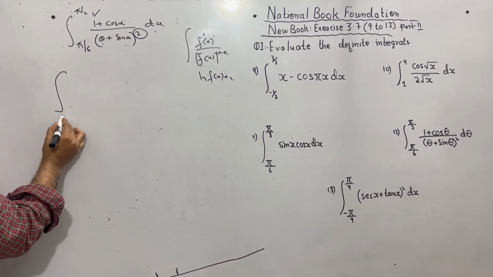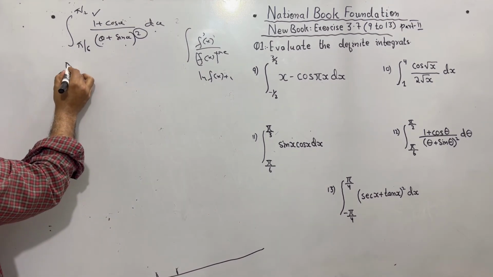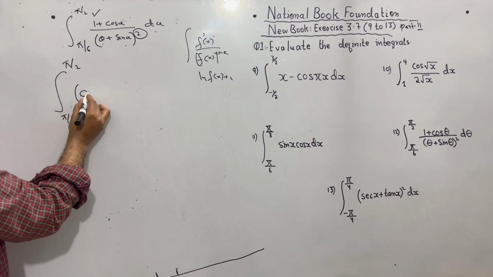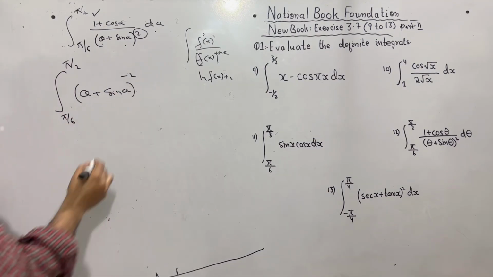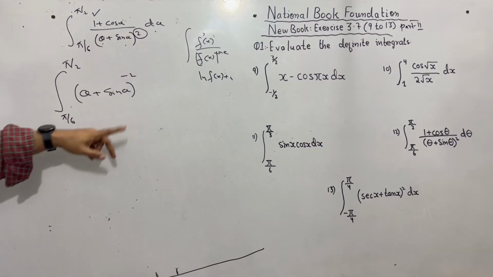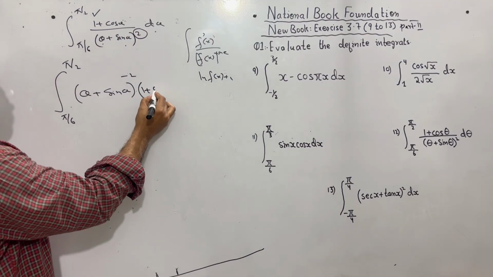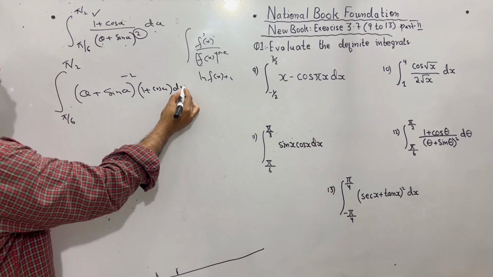Otherwise, we shuffle the function in the numerator, changing its power from positive to negative, times 1 plus cos theta d theta.